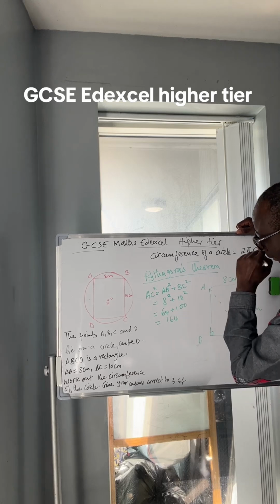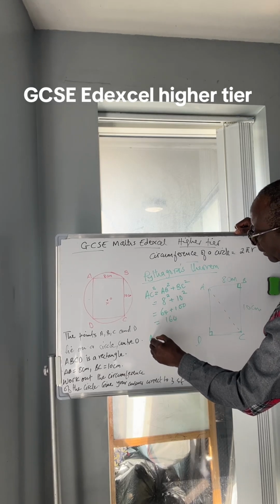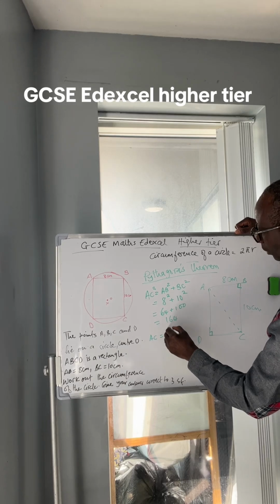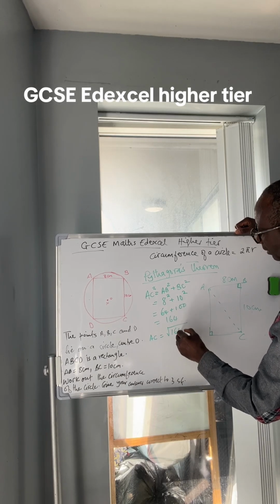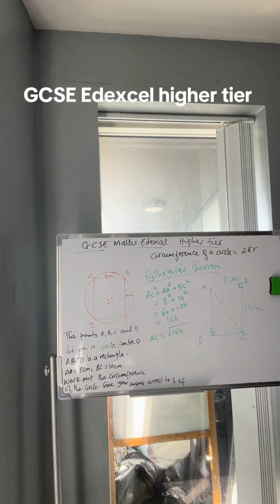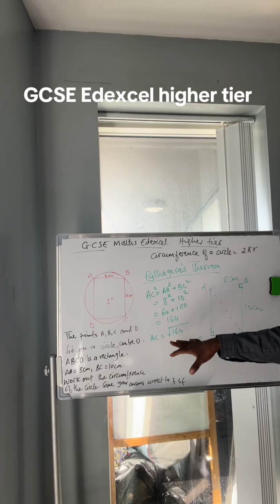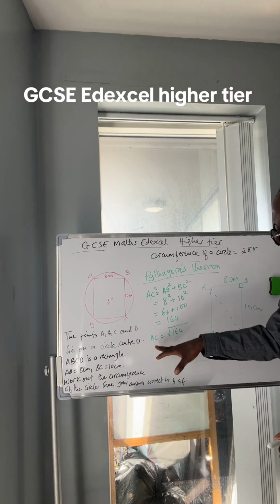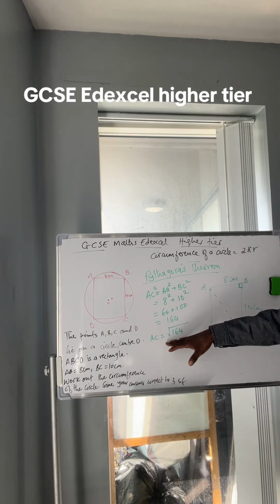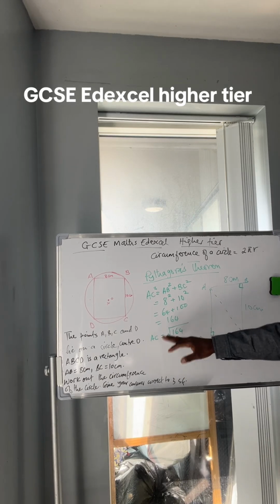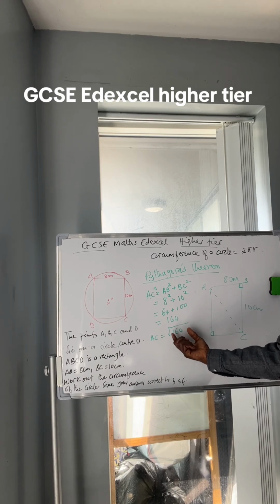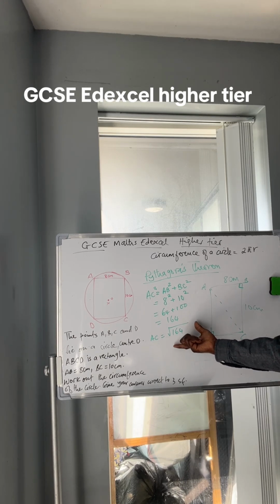But we want AC, not AC squared. And then AC will give us the square root of 164. This is not our final answer, so there is no point trying to find the square root of 164 because you won't get a perfect number here.